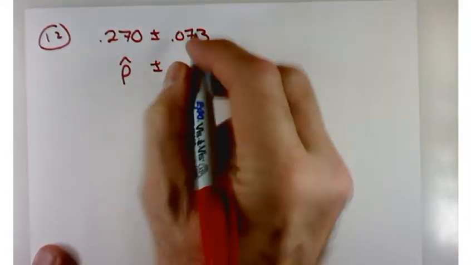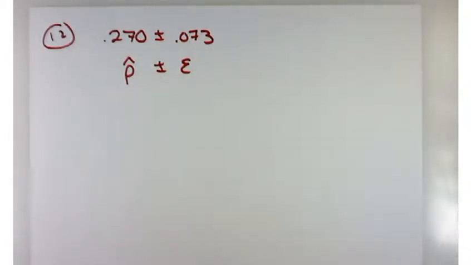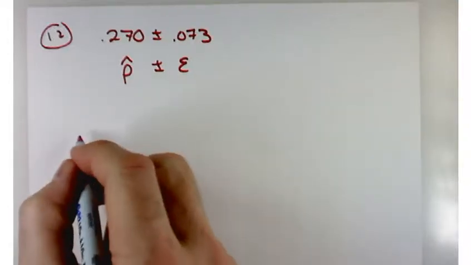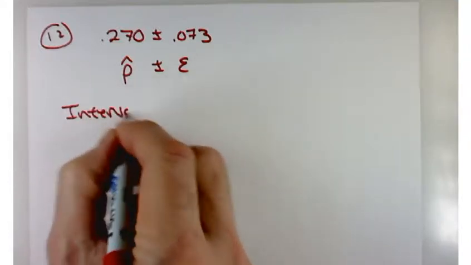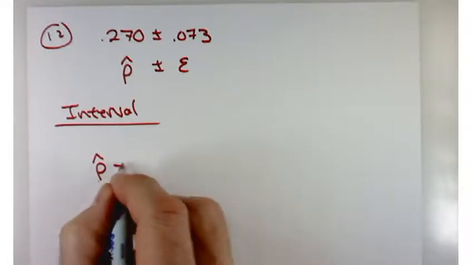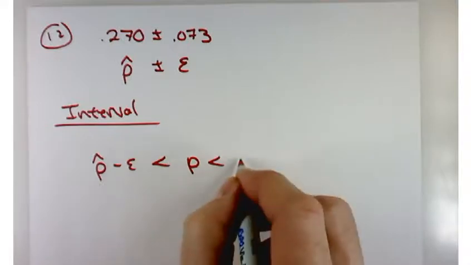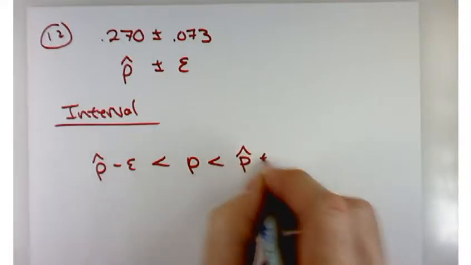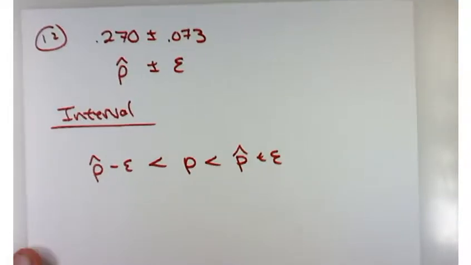The plus or minus 0.073, that's your error term. You could rewrite that in a different way. You could write that as an interval. So in terms of an interval, you could do p hat minus e is less than p is less than p hat plus e. And that interval is called your confidence interval.